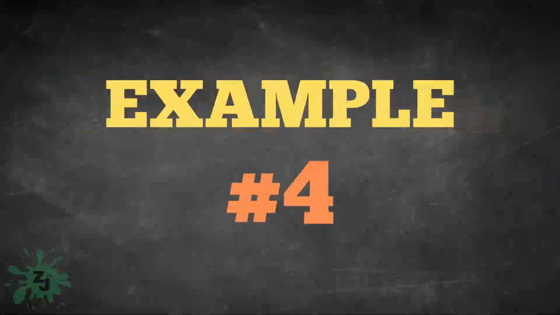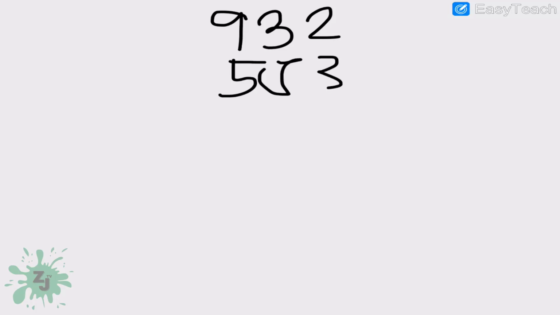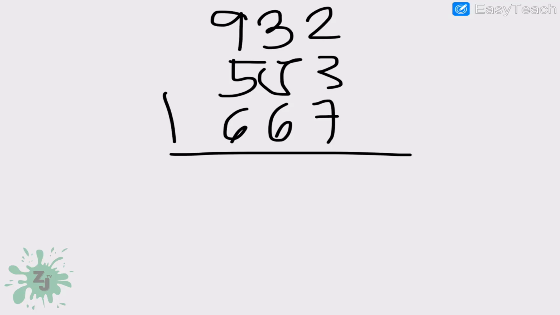Next is multiple values. So let's try 932 plus 553 plus 667. We add these three numbers column by column as our usual step. This would be 2 plus 3 is 5, plus 7 is equal to 12. We carry 1.